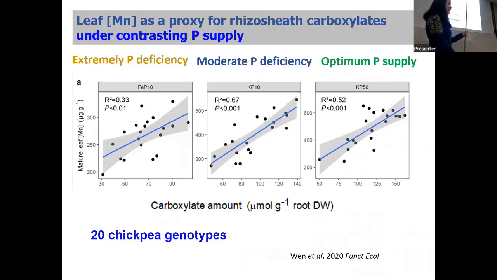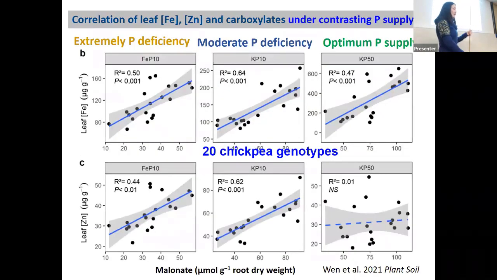We found again, on all P levels, a strong correlation between manganese and carboxylates. And iron also has a very good correlation with malate on all 3 P levels. But for zinc, there is a strong correlation on low phosphorus, but not on high phosphorus.